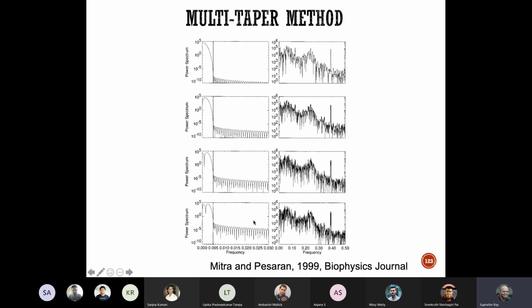But I can do this for each of these different tapers. So I end up getting 4 different estimates of the power spectrum of the signal. And the multi-taper estimate is just the average of these. So when you take the average, you will see that it's a much nicer looking spectrum than the individual one.